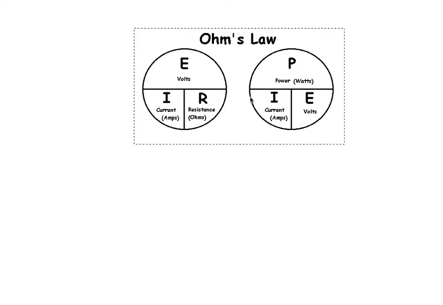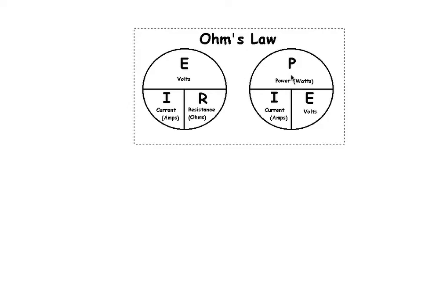When people talk about Ohm's law, they're usually referring to the first triangular formula. But the fourth property of electricity is the power in a circuit. And the power is really a measure of the work done by the electricity in the circuit. So when we're looking at a circuit that provides lighting, the work done is the production of light by the bulb in the circuit or by the LED or whatever.